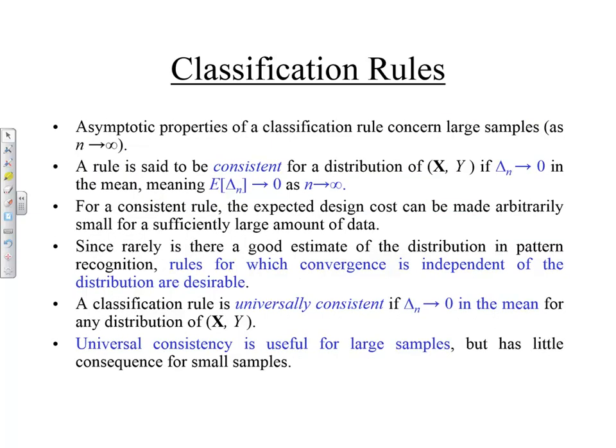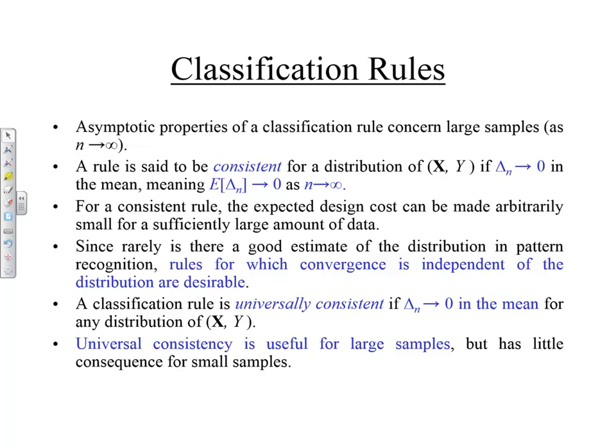The asymptotic properties of a classification rule concern large samples, as n goes to infinity. A rule is said to be consistent for a particular distribution of the feature-label pair if the design error delta n goes to 0 in the mean, meaning the expected value of delta n goes to 0 as n goes to infinity.